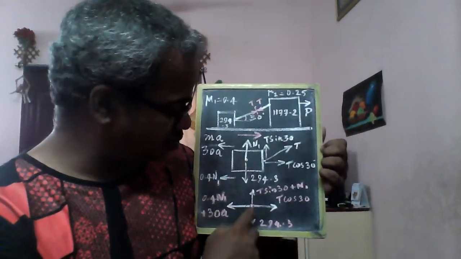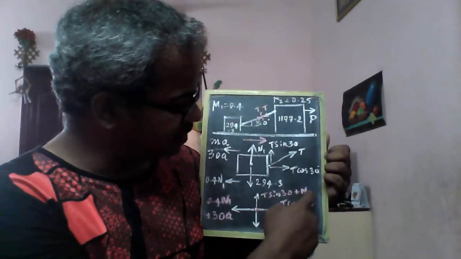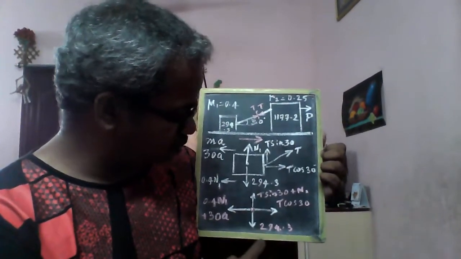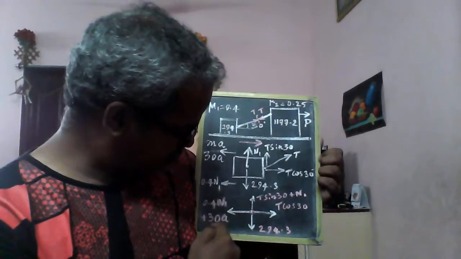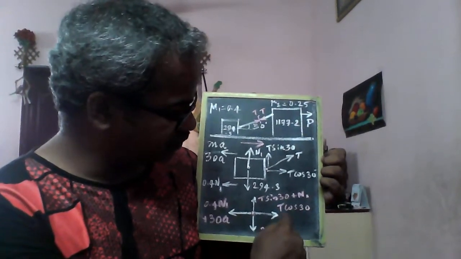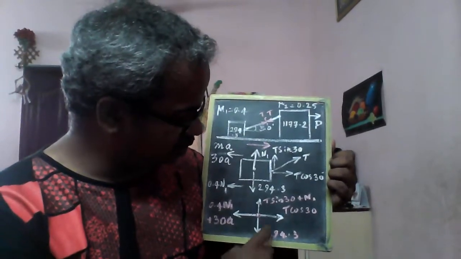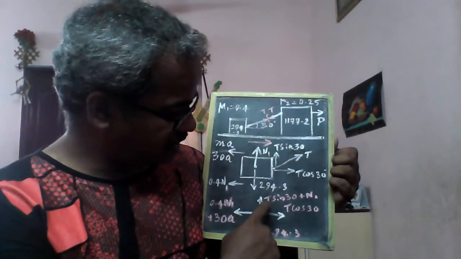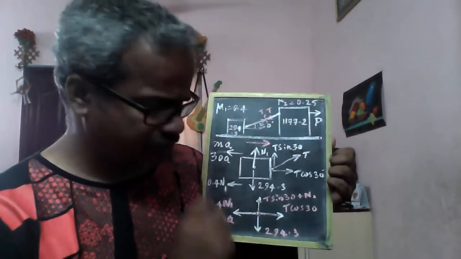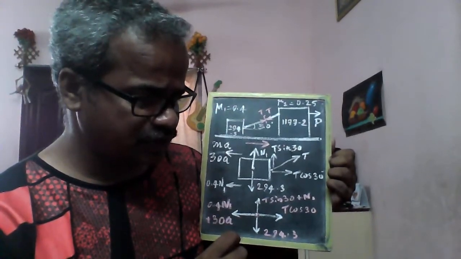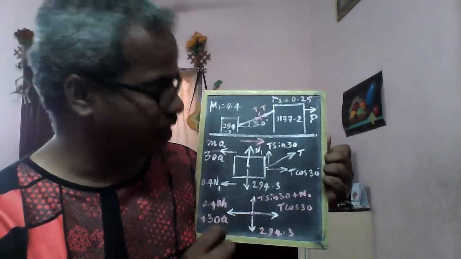This block is considered as a particle, and there will be an upward force T sin 30 plus N1, downward force 294.3, left side force 0.4 N1 plus 30A, and right side force T cos 30. For the particle to be in equilibrium in two dimensions, there are two conditions: summation of Fx is equal to 0, summation of Fy equal to 0.